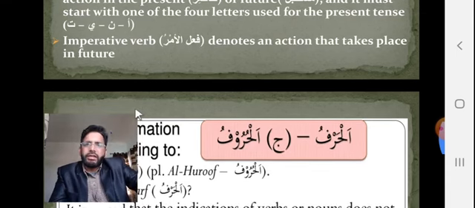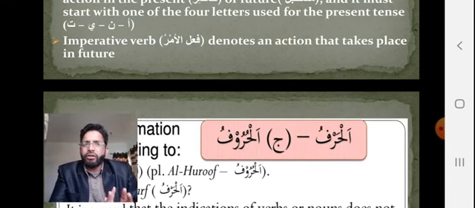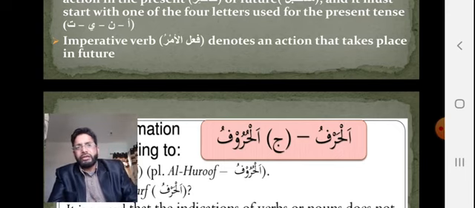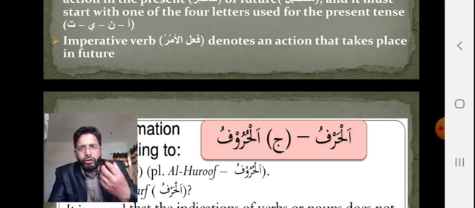Then we have the third kind, and that's the imperative verb, fi'l amr. It denotes an action that takes place in future, but there is command. Suppose if I say go, it means I am demanding from you to go in future. You will go in future.